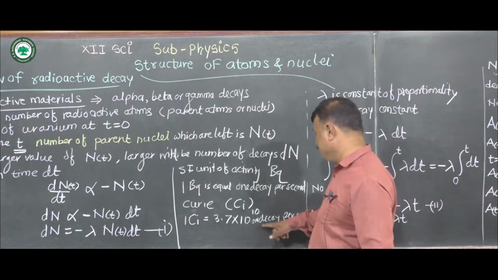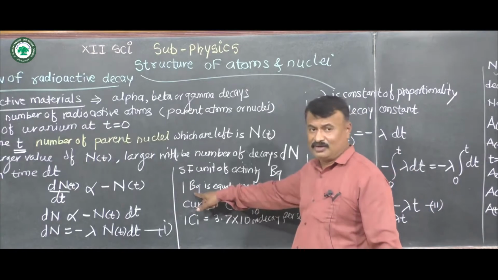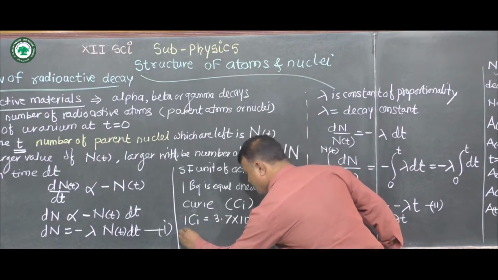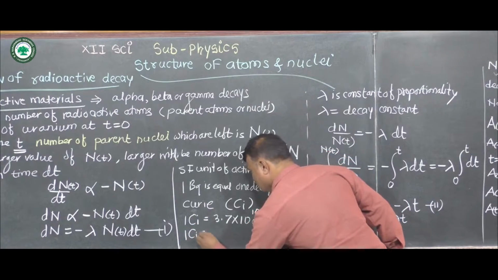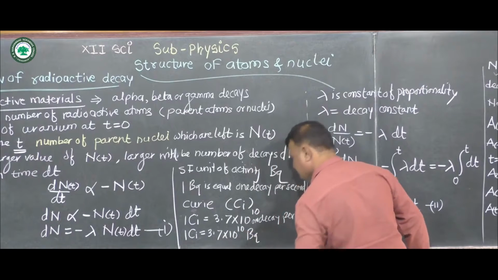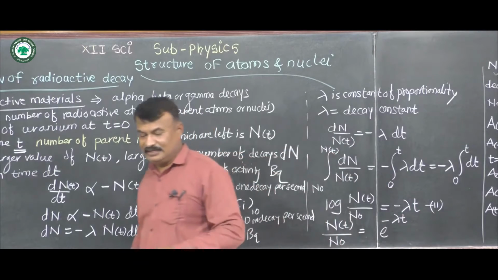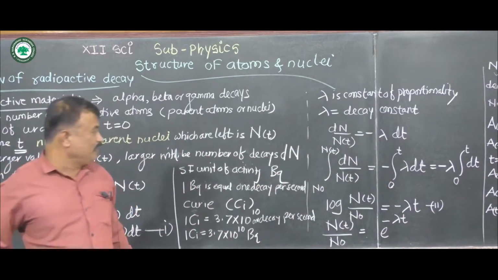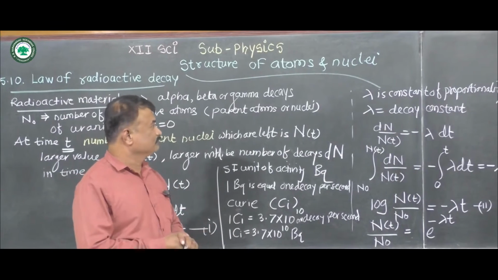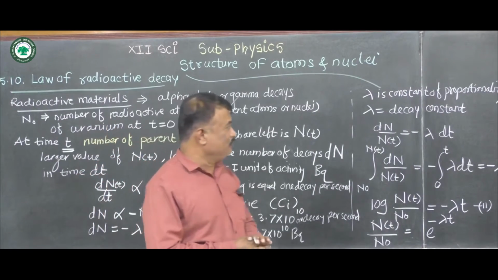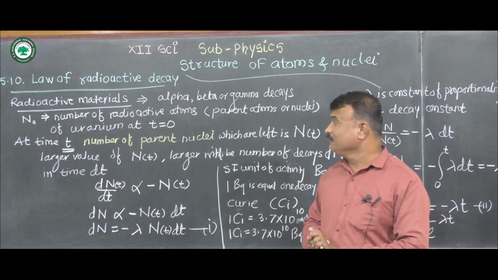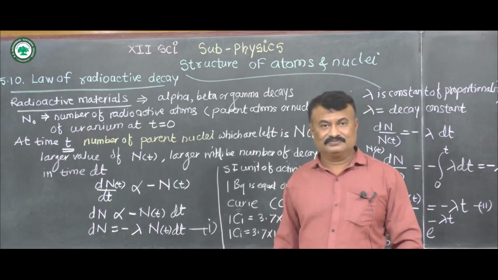But we know that 1 decay per second is 1 becquerel, and therefore we find the relation between Curie and becquerel. So 1 Curie is equal to 3.7 into 10 raised to 10 becquerel. So this is about the activity. In this way we study the law of radioactive decay and activity. Now we stop here.